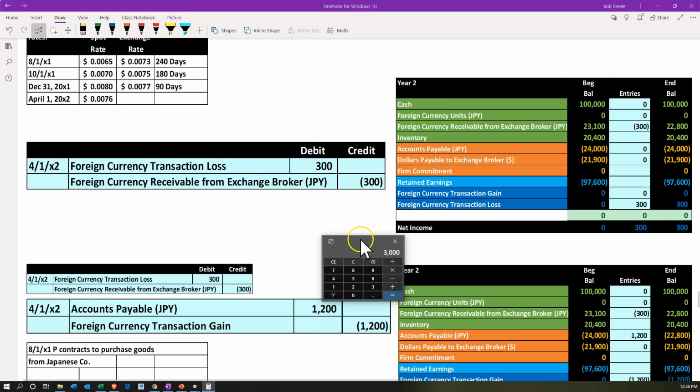Next transaction, we're going to move on to year 2, because this is the final point we've all been waiting for, that being April 1st. That's when the accounts payable is going to be due and when the forward contract ends. So a lot of activity that we can look forward to here.